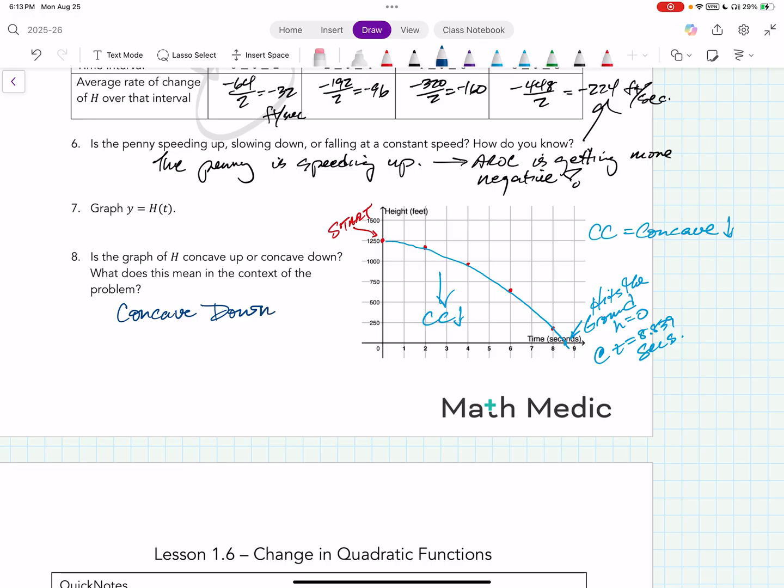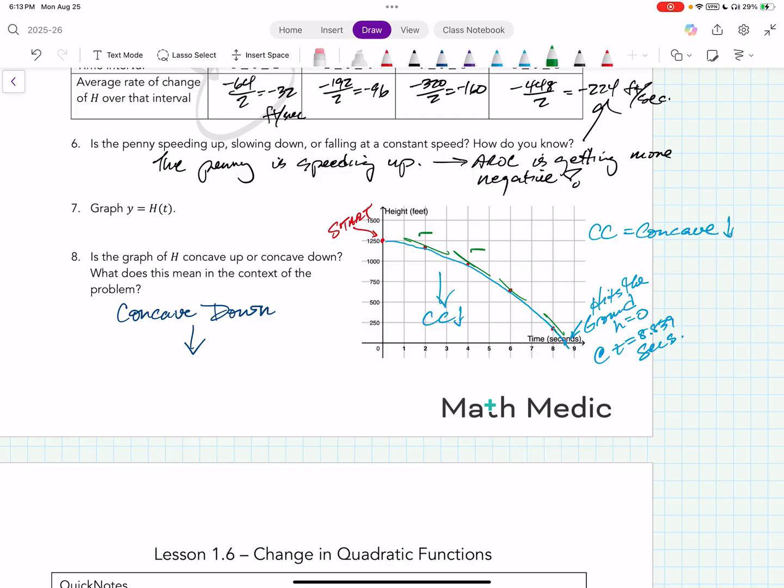But what does that imply in the context of the problem? Well, we talked about in our previous lesson that if the graph is concave down, the rate of change of the penny's height is decreasing. And we should know that if you draw some tangent lines here, I'm just going to draw a few. We have negative slopes on the tangent lines, but notice that the tangent lines are all getting steeper.